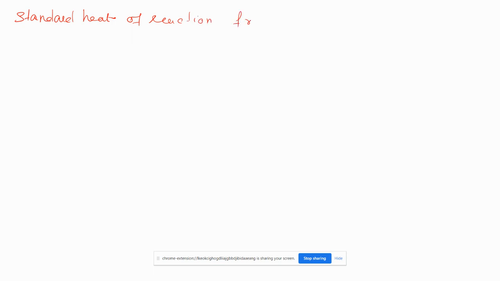Standard heat of reaction from heats of formation.